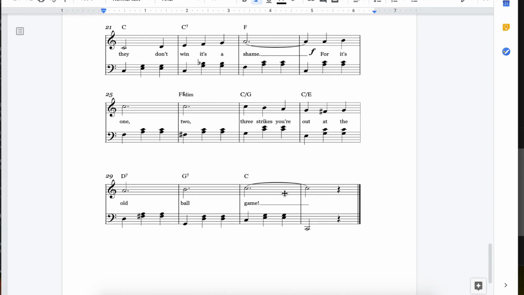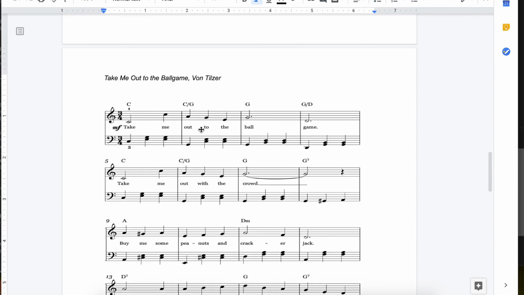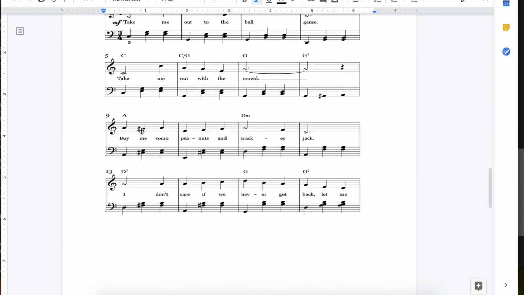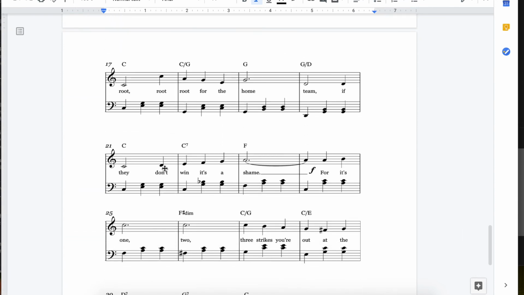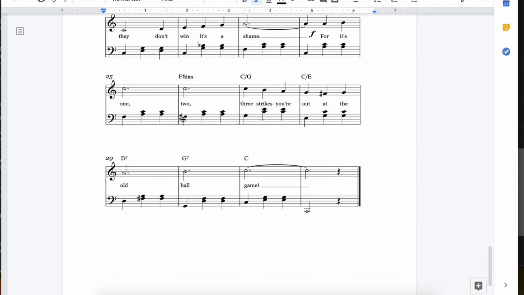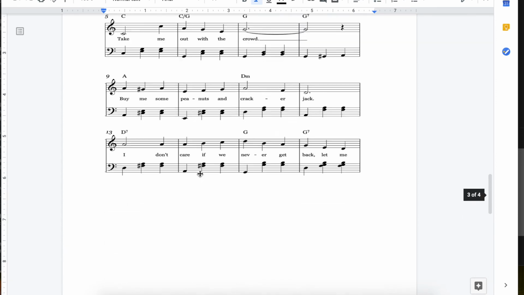So if you think about it, this first phrase would be A. Then B. This is A prime, with a different ending. We have to think, is this last phrase something new, or is it similar to that B from before?